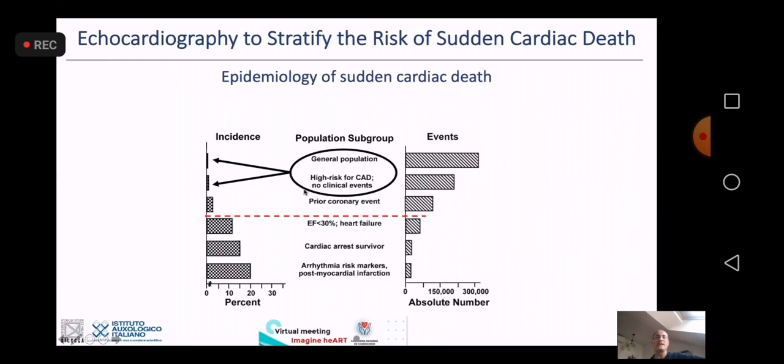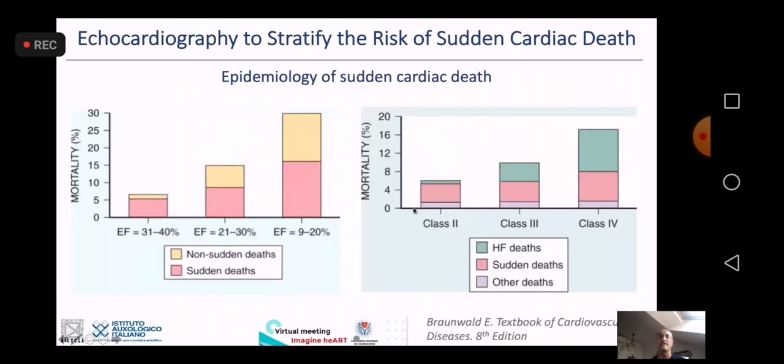We know that in those patients, the incidence is really low in terms of percent, but they are the vast majority of patients who have a structural heart disease. And so at the end, despite the very low incidence of sudden cardiac death, the absolute number of events is the vast majority in this group of patients with EF more than 30%.